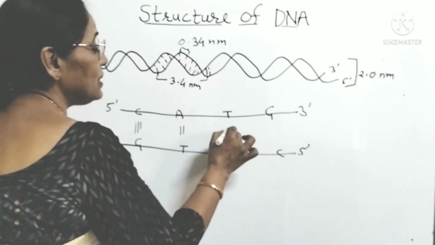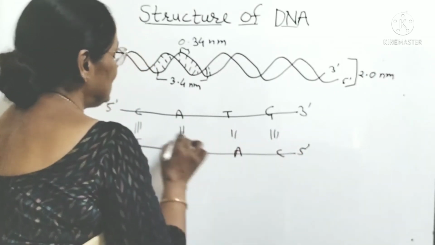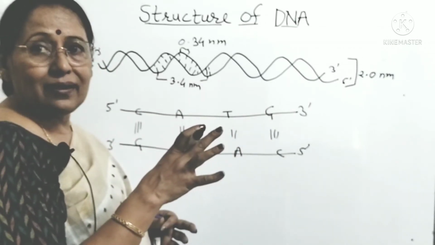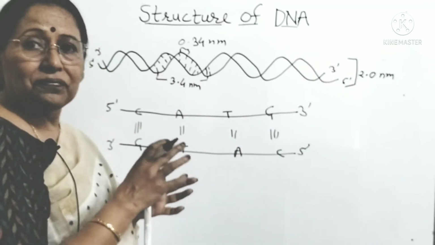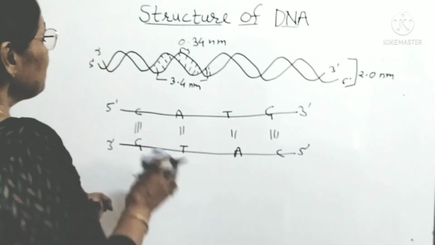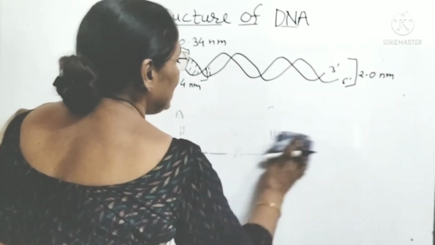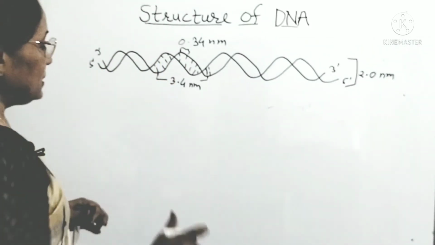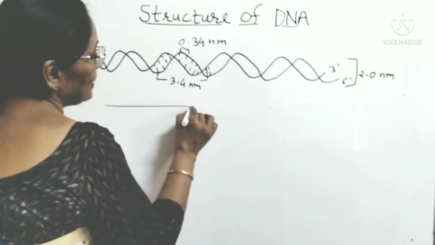This diagram is wrong because these 2 strands, which are called the backbone of DNA, are made up of only alternate sugar and phosphate molecules. And where is nitrogen then? Let us see.